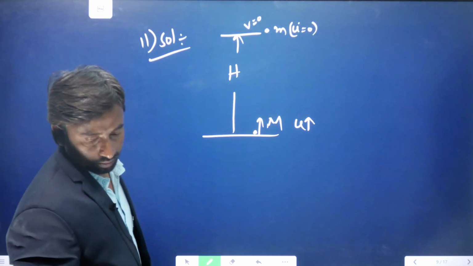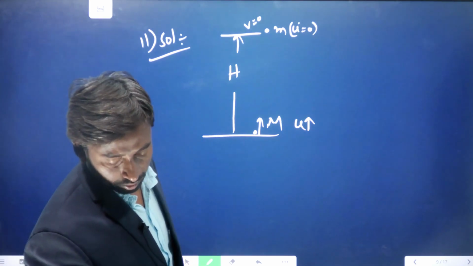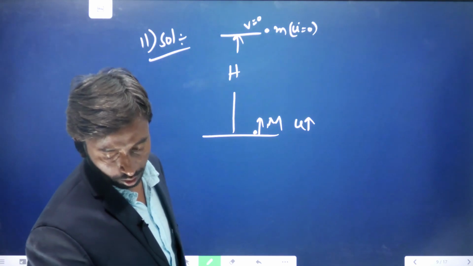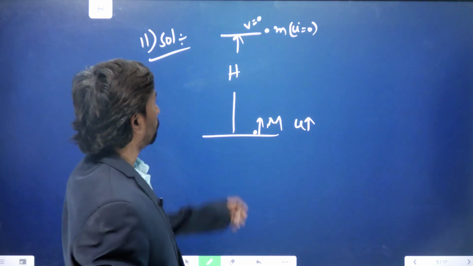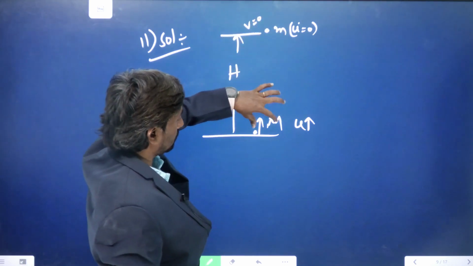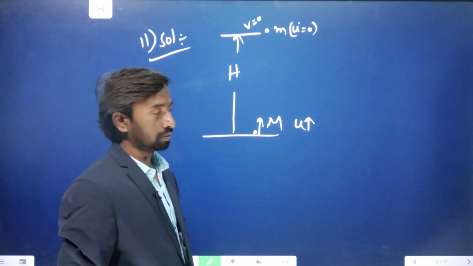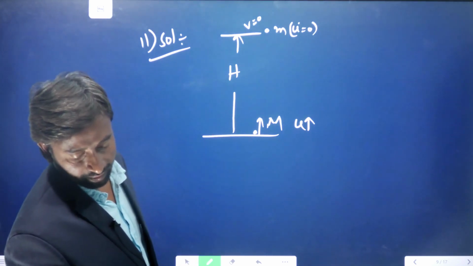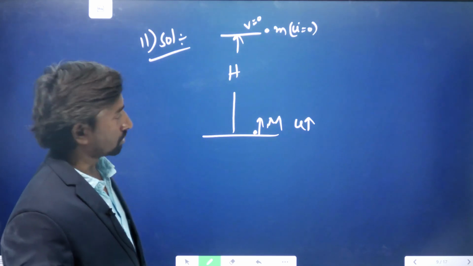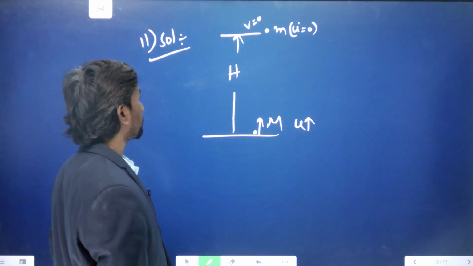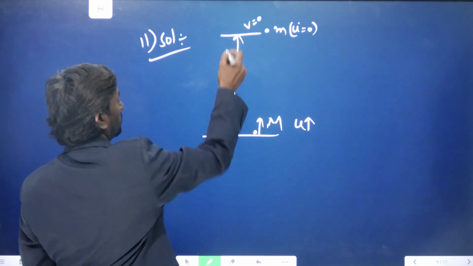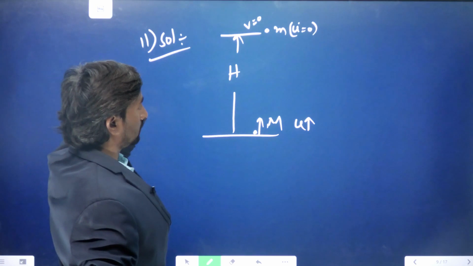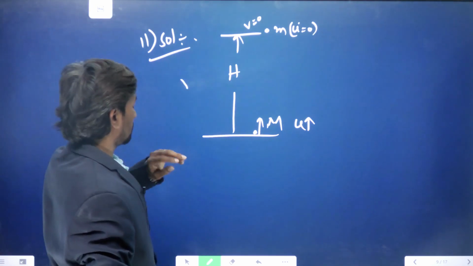The question is, if the body reaches the highest point before the dropped body reaches the ground, this M will have moved to the maximum height. Then the maximum height raised by the center of mass, this h, will be the maximum distance, the maximum height of the tower, we can say.